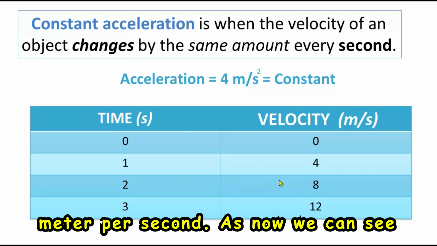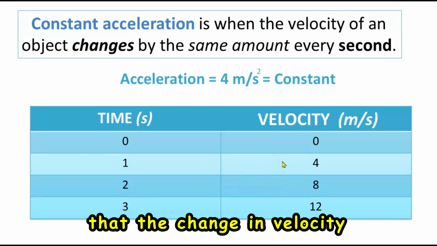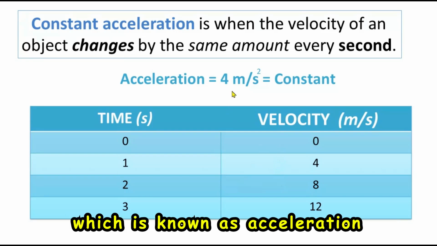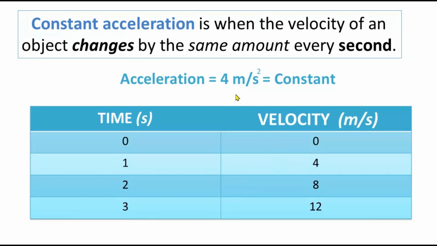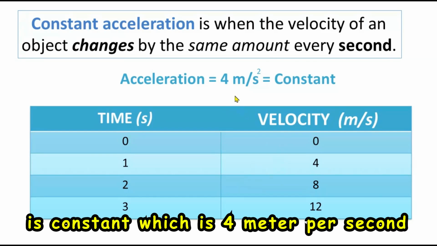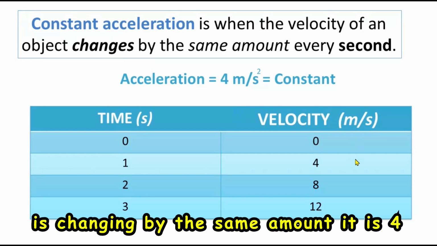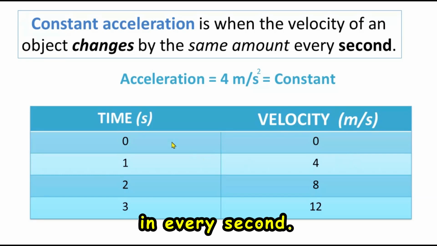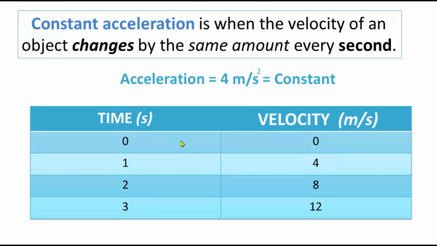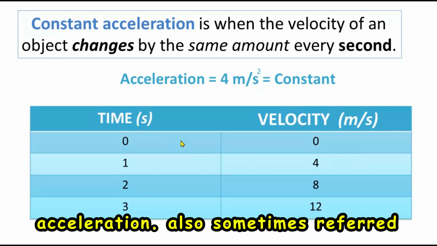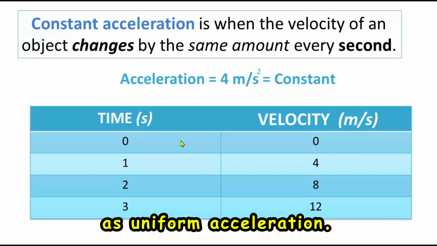Now we can see that the change in velocity, which is known as acceleration, is constant, which is 4 meters per second squared. The velocity is changing by the same amount, 4 every second. So this is known as constant acceleration, also sometimes referred to as uniform acceleration.